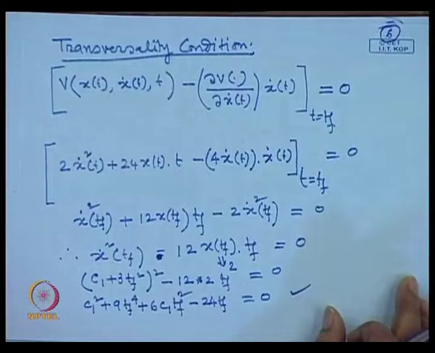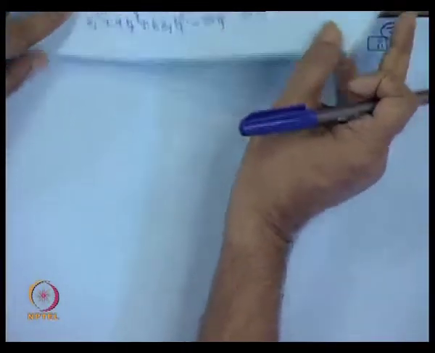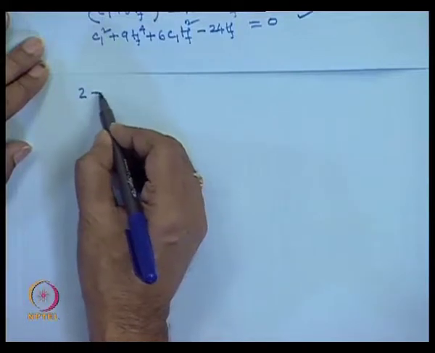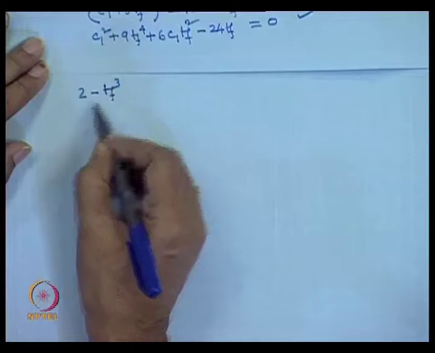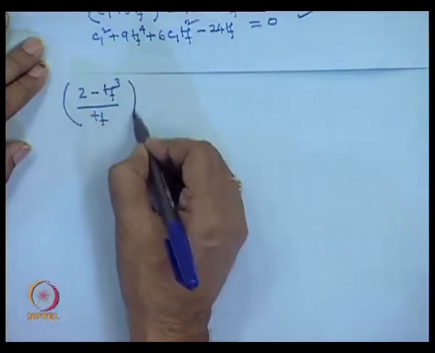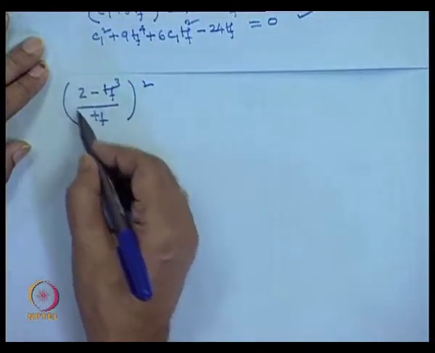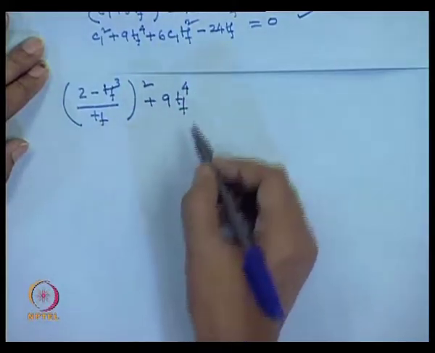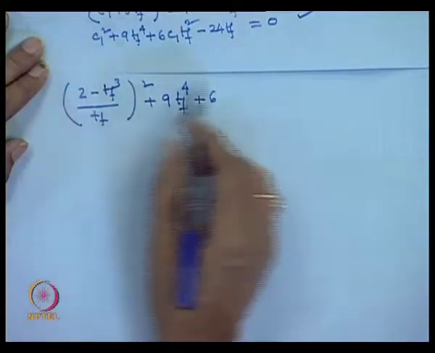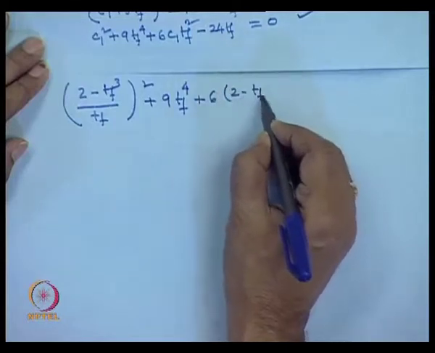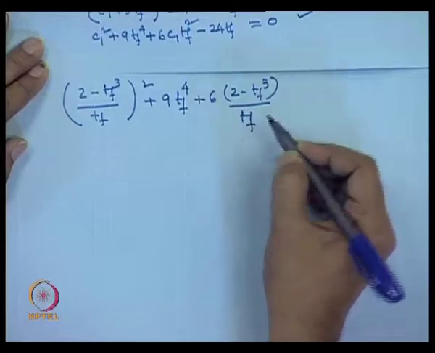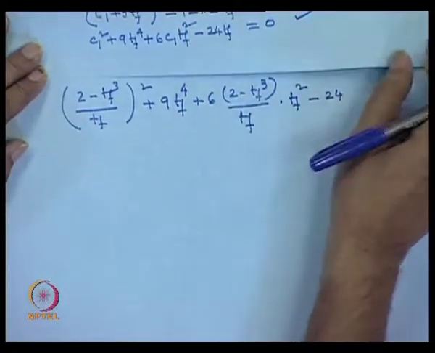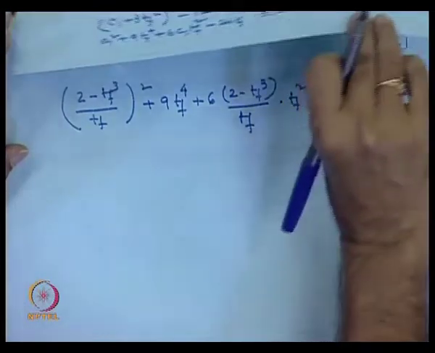So, C 1 is 2 minus T f cube by T f, whole squared, plus 9 T f 4, plus 6 C 1, which is 2 minus T f cube divided by T f, into T f square, minus 24 T f as it is, agree?